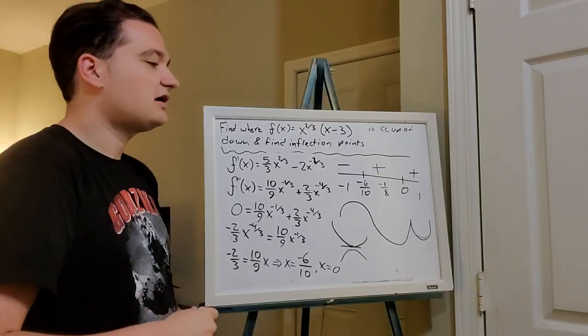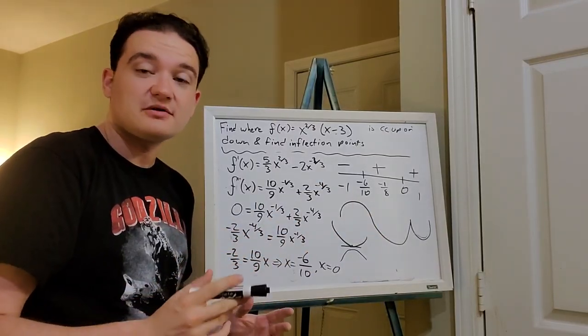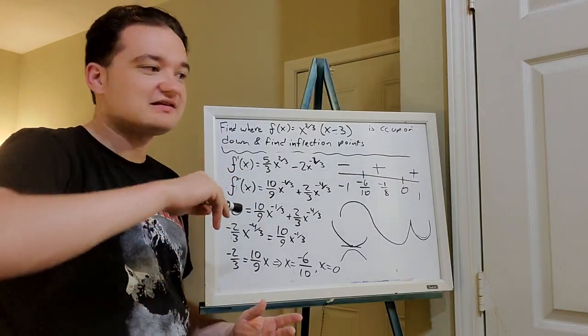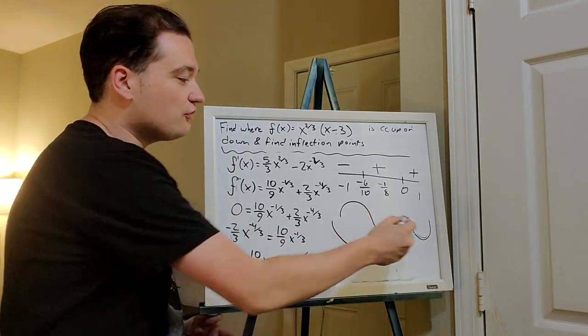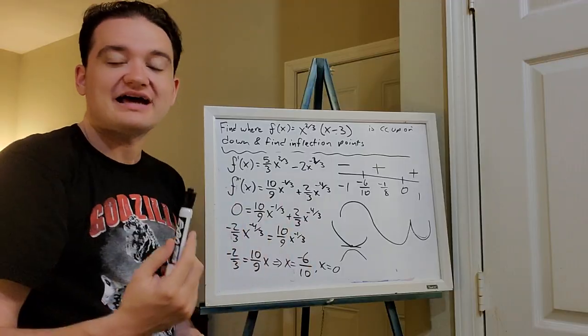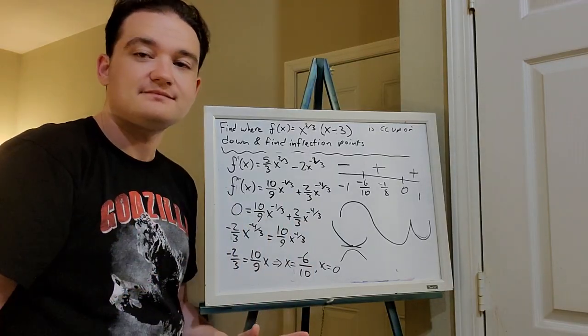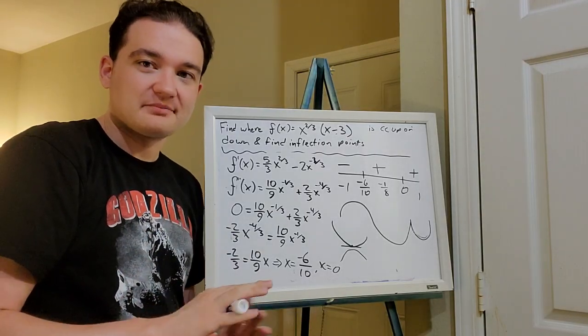But yeah, concavity can tell us a lot about a function just as much as a first derivative can. Definitely graph this one because it's neat to see there's a corner right here, and that shows us where this local maximum is, like it was suggested to us when we did this problem earlier. I'm going to do a couple more problems and then I'm going to wrap it up.